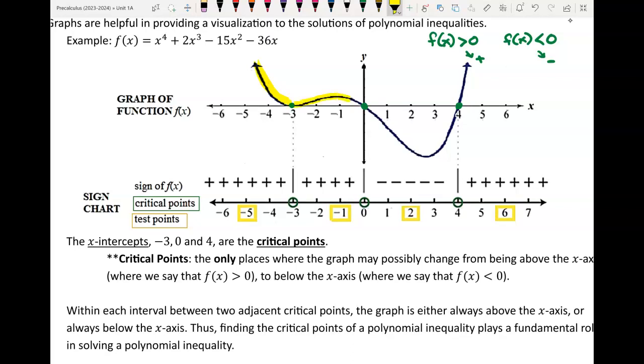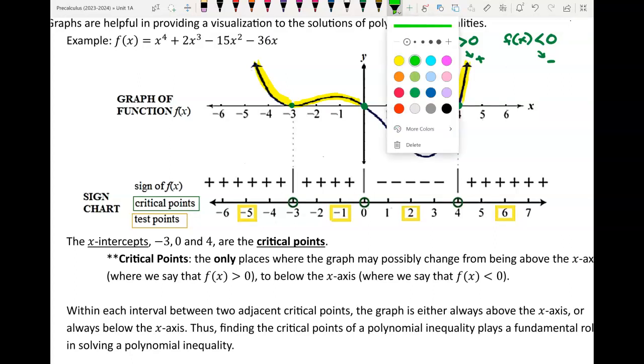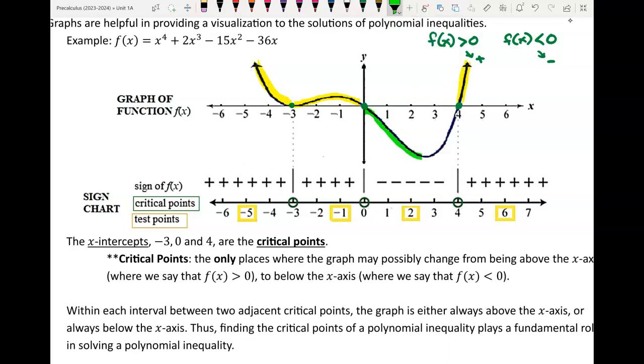We have another chunk above the x-axis there, also being positive. And then it dips below and then goes above the x-axis again over here. And so this other portion here is definitely below the x-axis, and we'd be able to state that that one is less than 0. And again, when we're given a graph like this, we can easily see and gauge where are we greater than 0, where are we less than 0, when is the function positive, and when is the function negative.